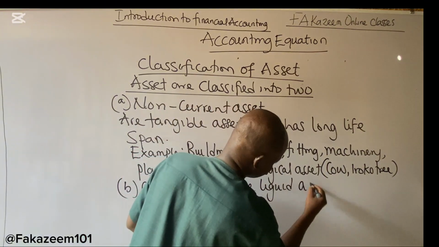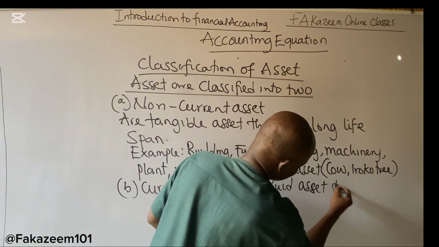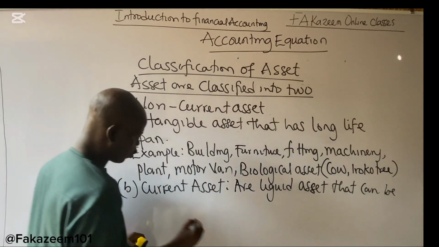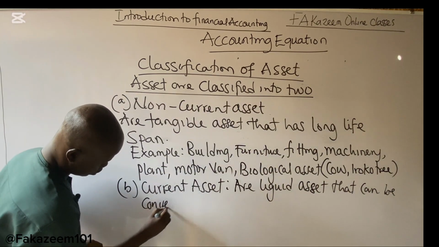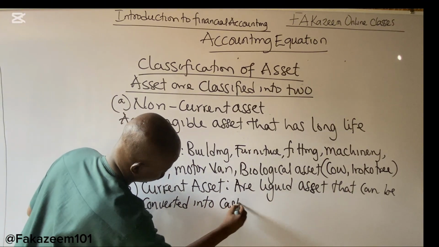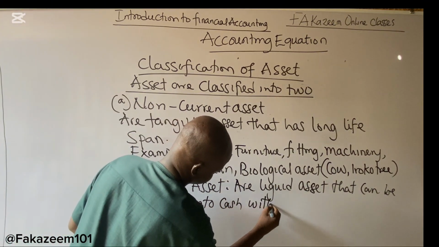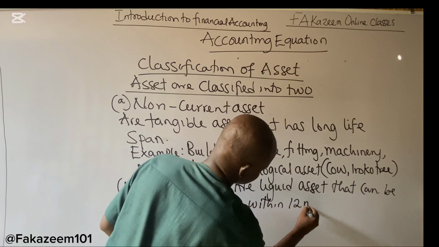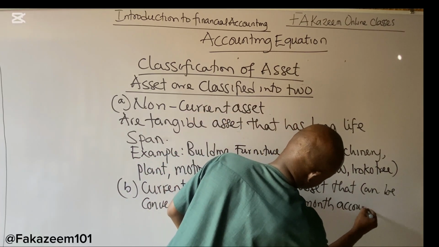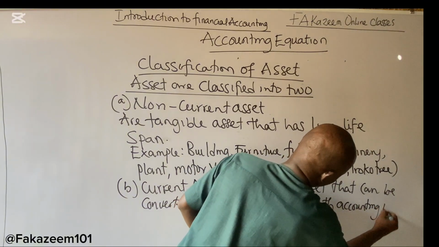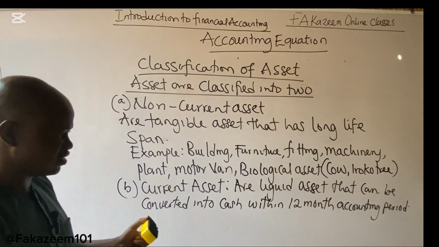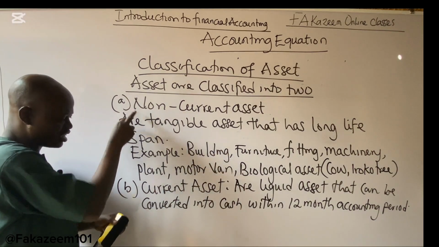They are liquid assets that can be converted into cash within 12 months accounting period. 12-month accounting period. Now the difference is this: non-current asset and current asset.